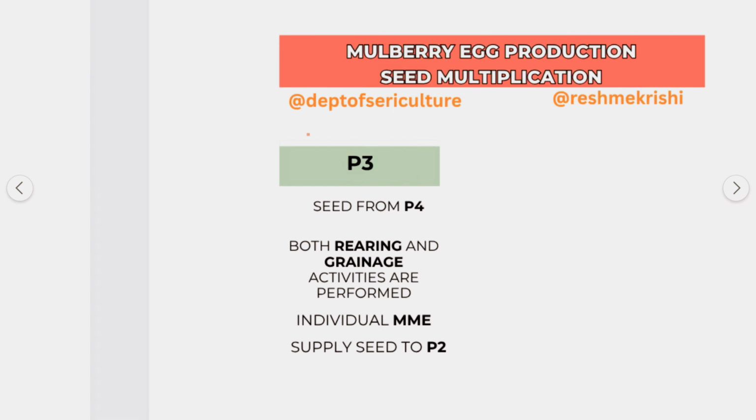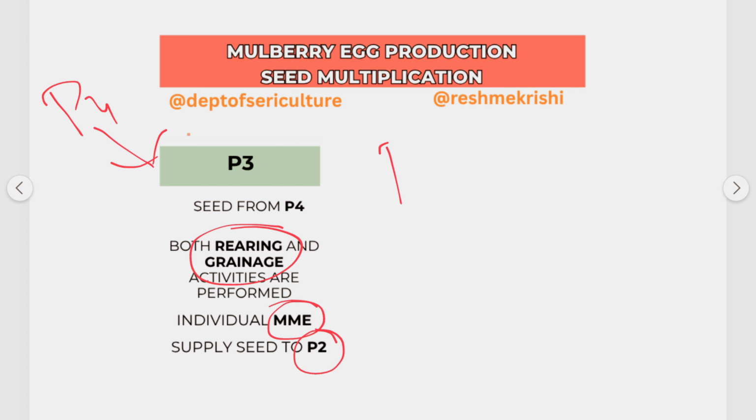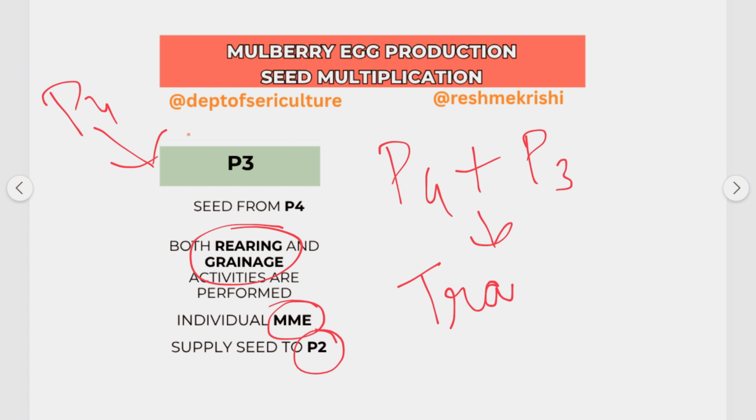Then P3 receives the seeds from P4. Here also they do the rearing and grainage. They also perform the mother moth examination and they supply seeds to the P2. So here we came to know P4 and P3 follow tray rearing, meaning individual rearing.